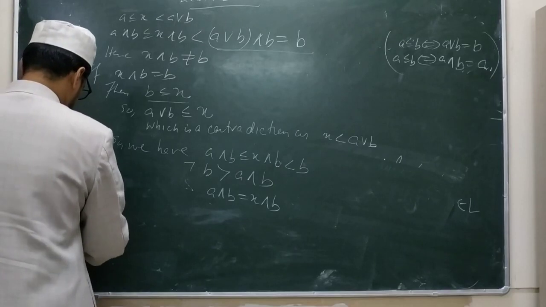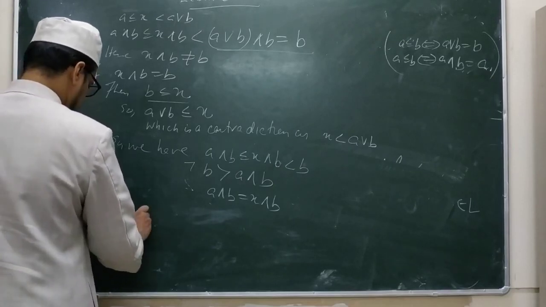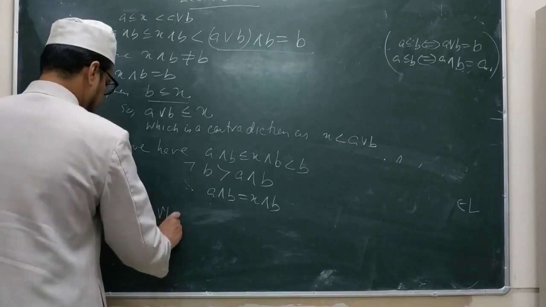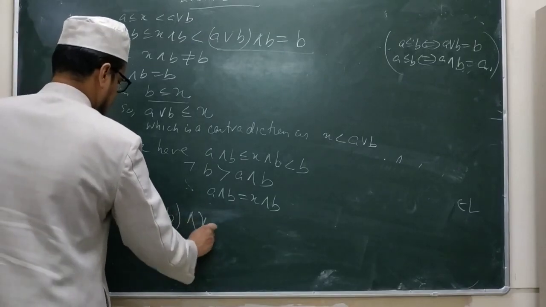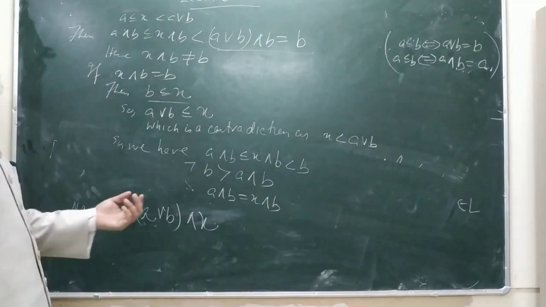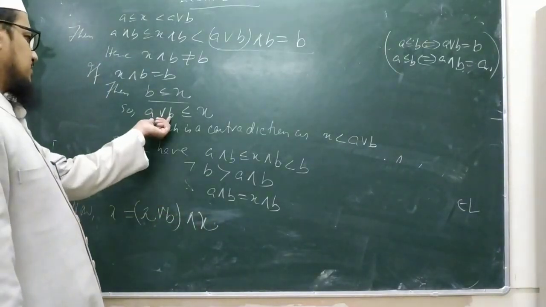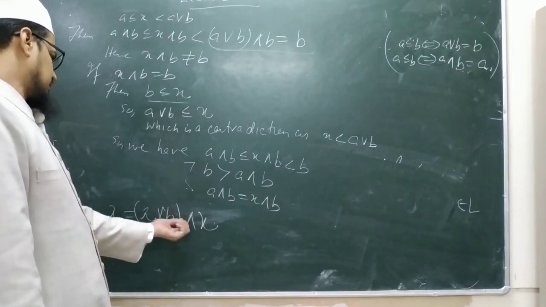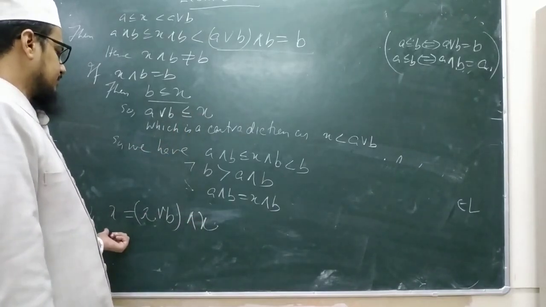Now X is equal to A join B meet X. Will this be true or not? Since A meet B is less than or equal to X, correct? So if we take meet, X will come or not?